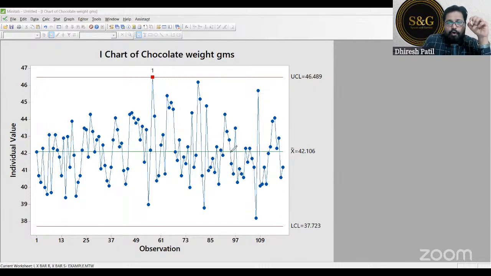Now, if you observe very closely, what are your observations for this graph? Type in the chat box, everybody. Just observe it closely.